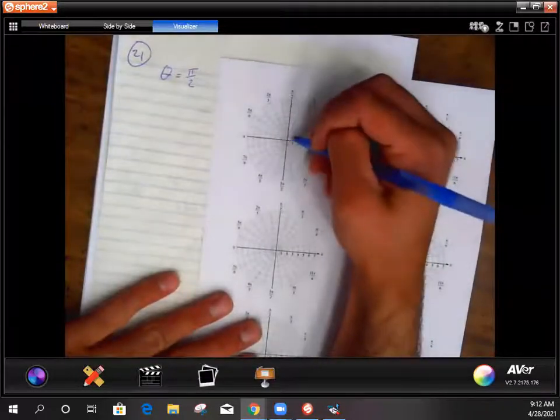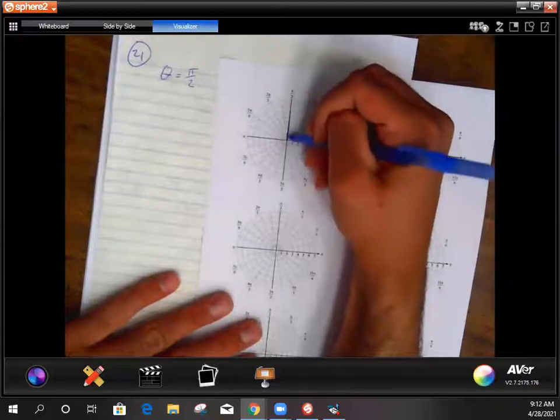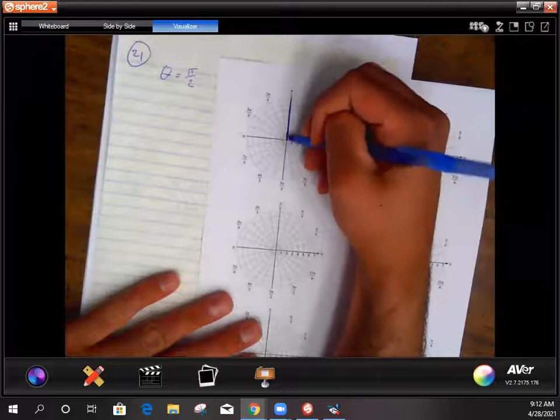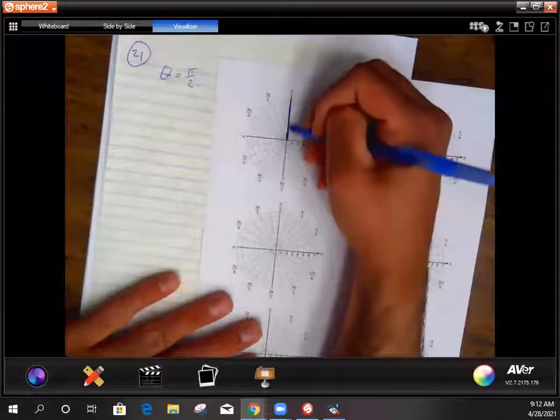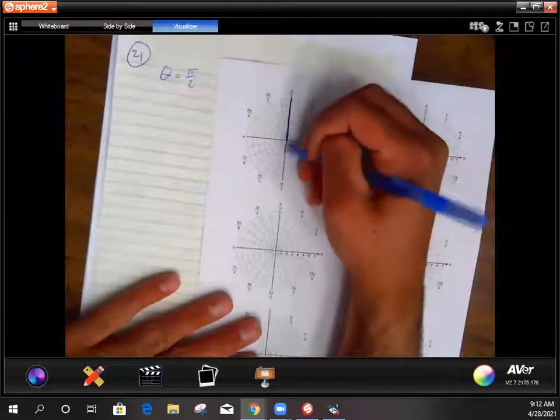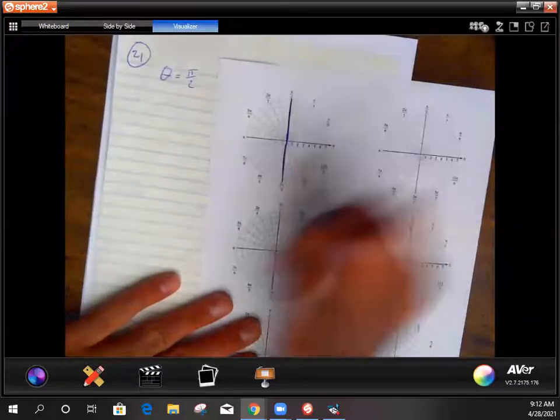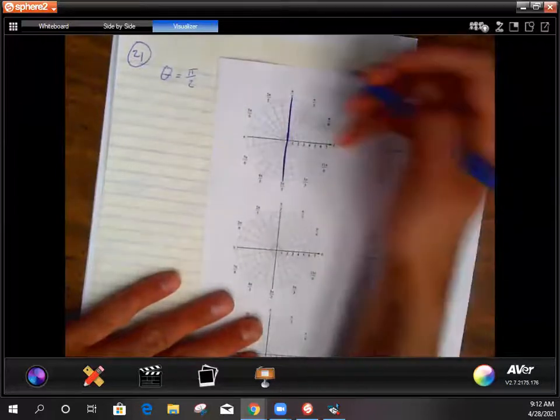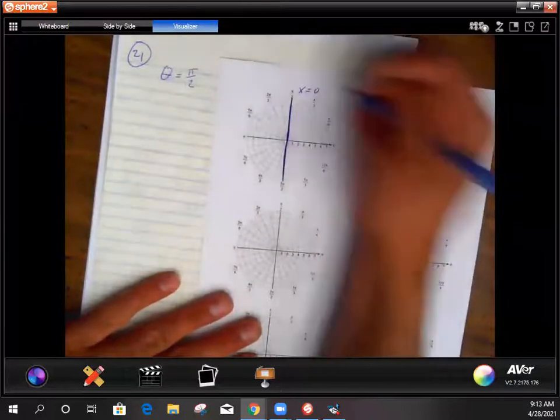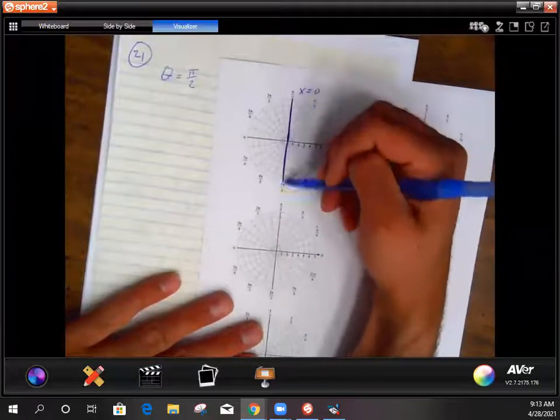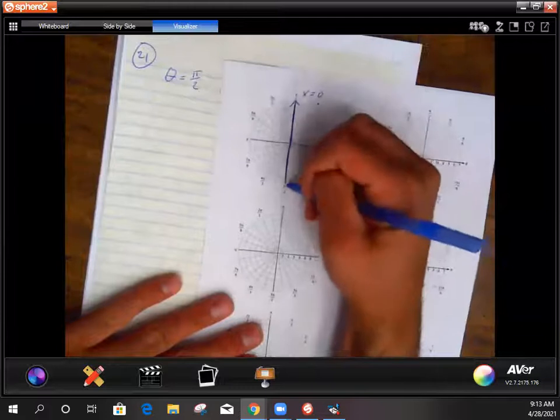So if r is positive, then this would be where theta is pi over 2 on the polar grid, and if r is negative, then we go behind. And r could be anything because it's not included in the equation. Just like if you had the rectangular equation x equals 0, y could be anything as long as x is 0, and that gives you the equation of the y-axis.